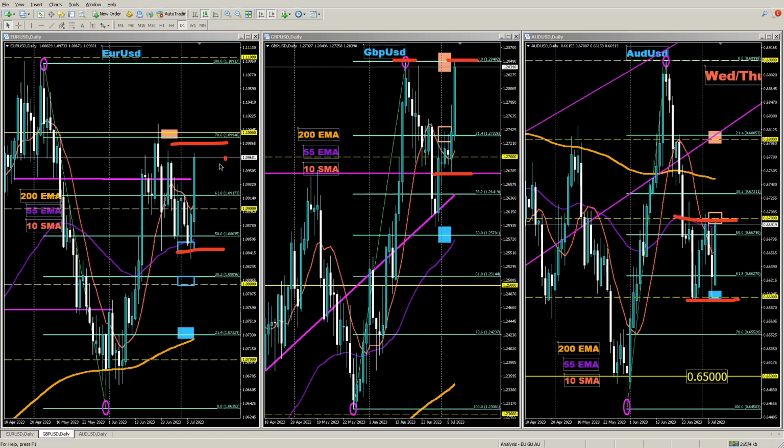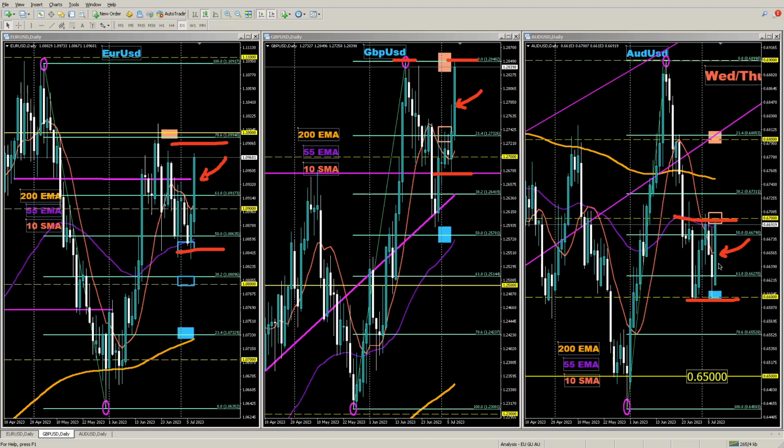Basically, all three majors gained against the US dollar on Friday, especially after the jobs report from the US came out lower than expected. So there was some enthusiasm there at the expense of the US dollar.